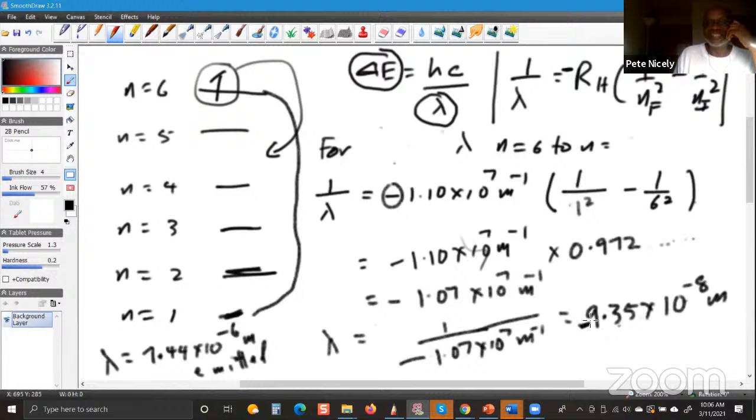So again, that means that this is the radiation that's emitted. So therefore, the final answer is 9.35 times 10 to the minus 8 meters emitted.